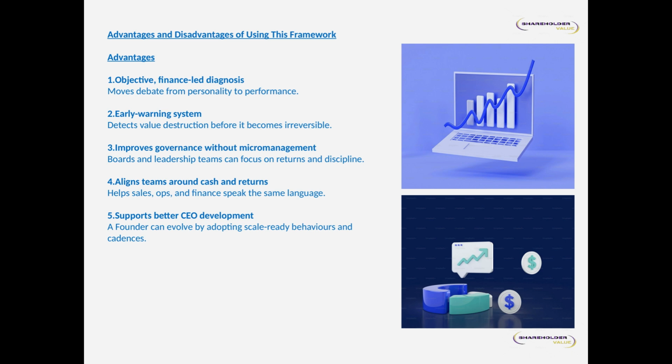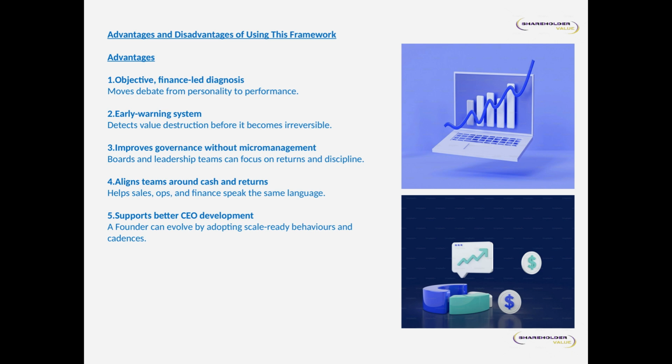This framework offers several key benefits. It provides an objective, finance-driven way to diagnose performance, shifting discussions away from personalities and toward measurable results. It acts like an early warning system, catching signs of value loss before they become permanent issues. By improving governance without getting into micromanagement, it allows boards and leadership teams to concentrate on returns and maintaining discipline.